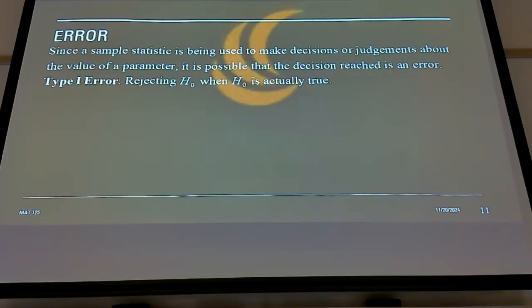Two types of error. Type 1 occurs when we reject the null hypothesis when the null is actually true.